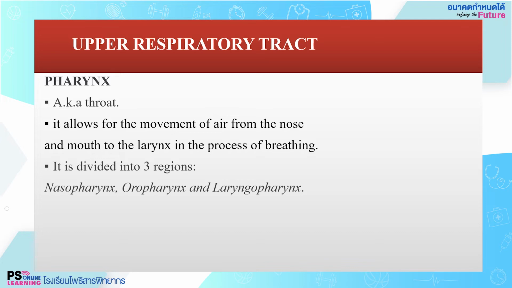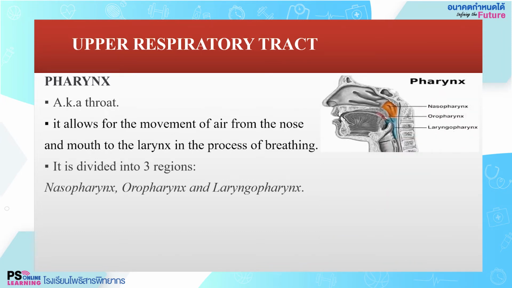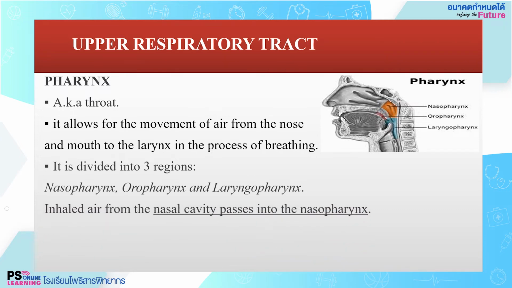Okay, so those are the three regions. Naso from the word nose, oro, oral or mouth, and laryng for the larynx. As the air inhaled from the nasal cavity passes into the nasopharynx, it descends through the oropharynx.